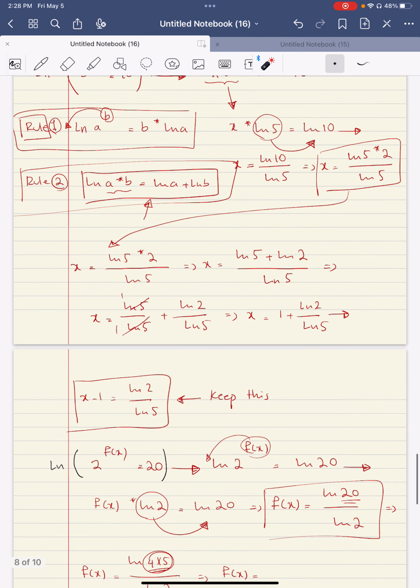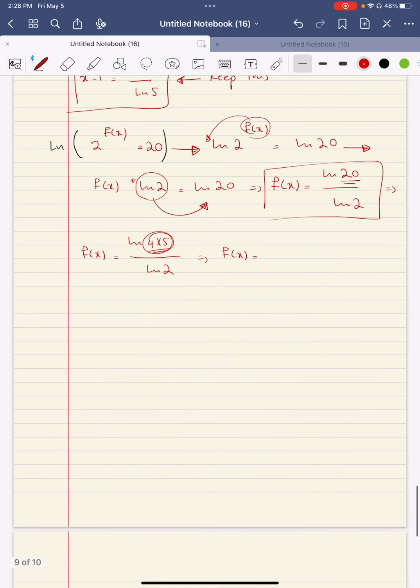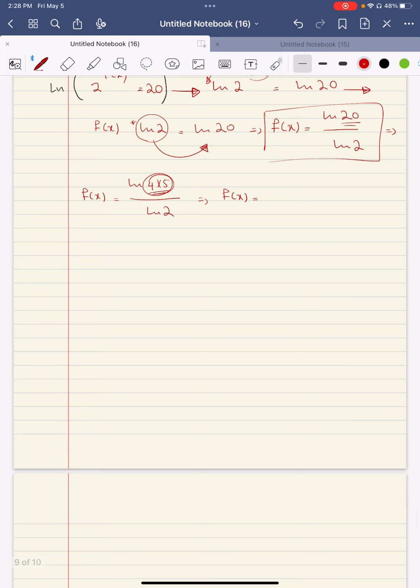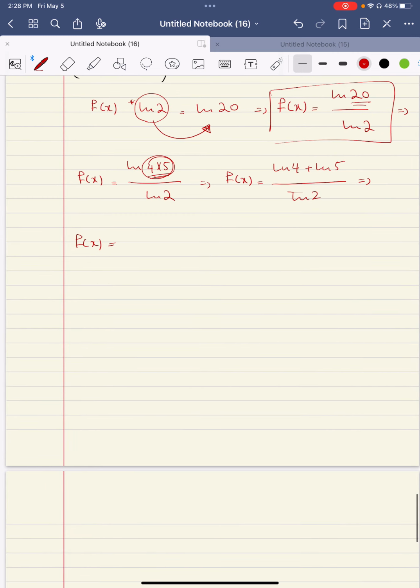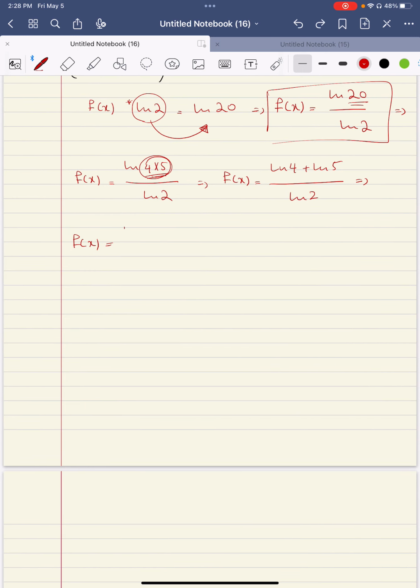I can make use of this rule. ln of 4 times 5 would be ln 4 plus ln 5. So ln 4 plus ln 5 over ln 2. ln 4: 4 is 2 to the power of 2, right? Plus ln 5 over ln 2.